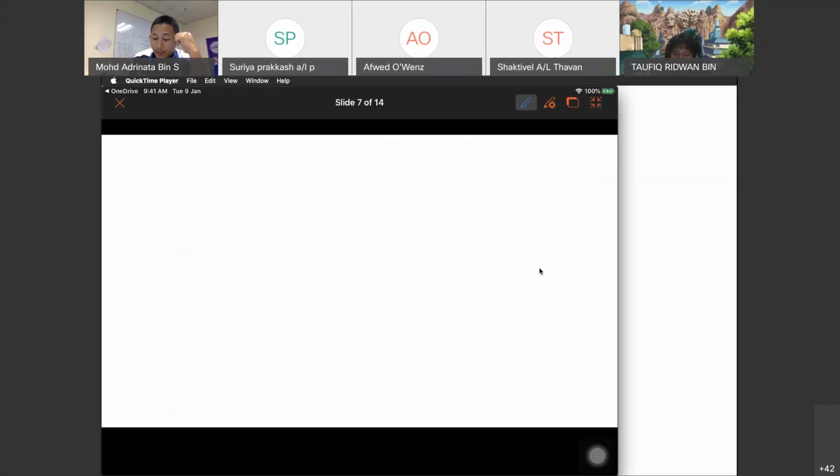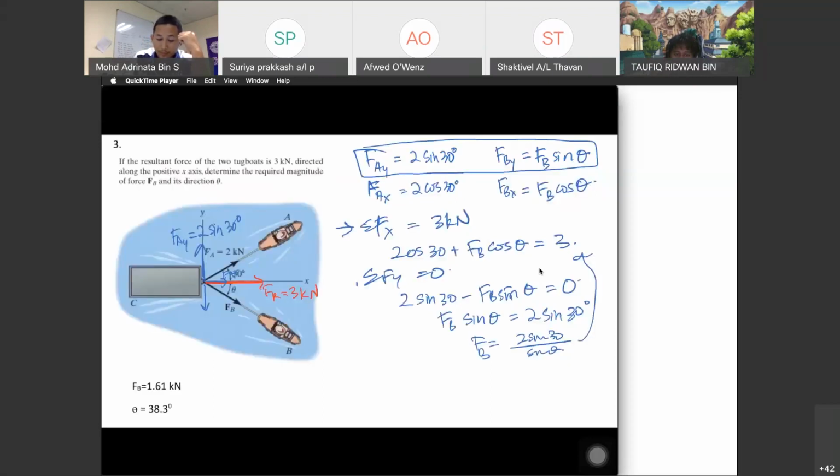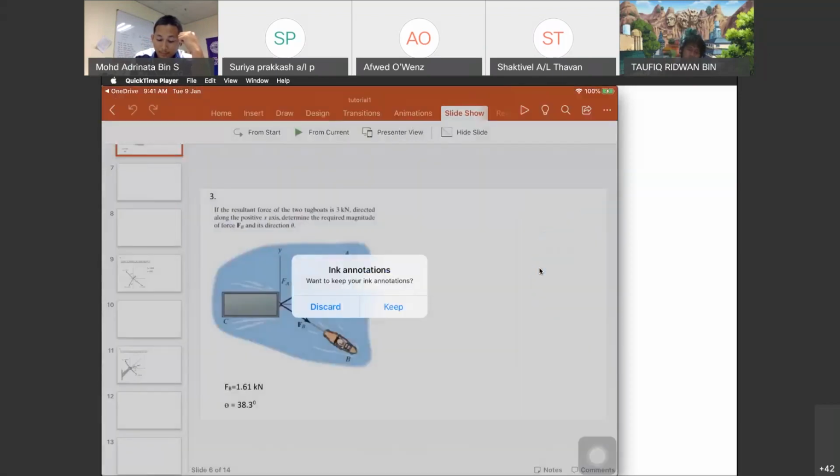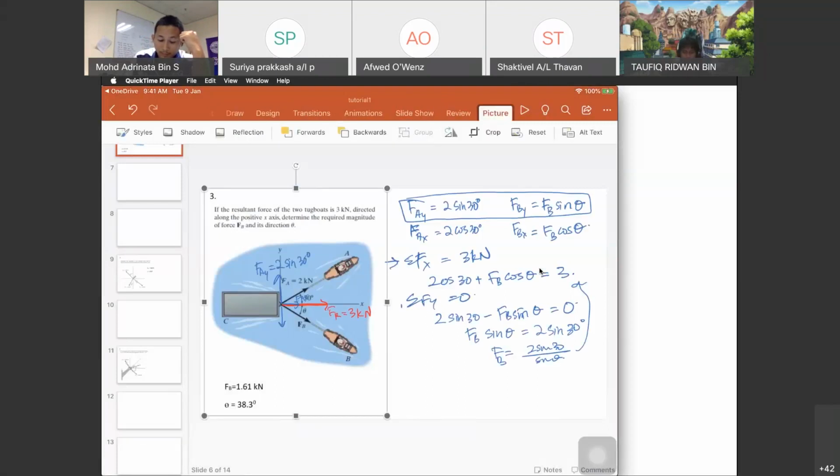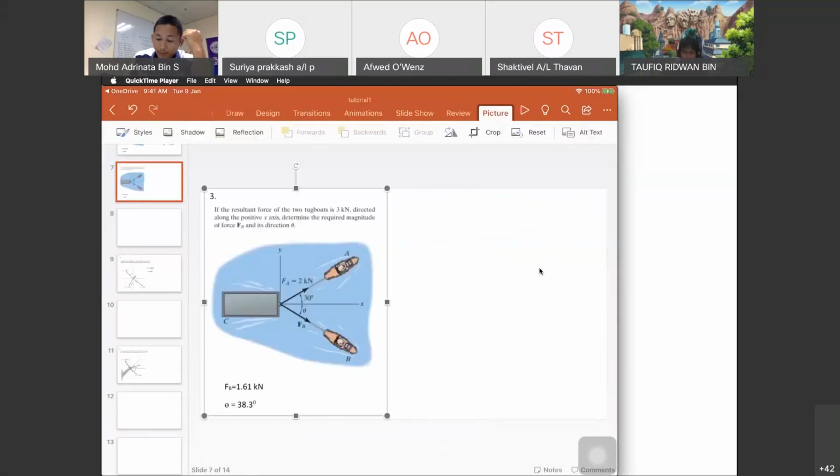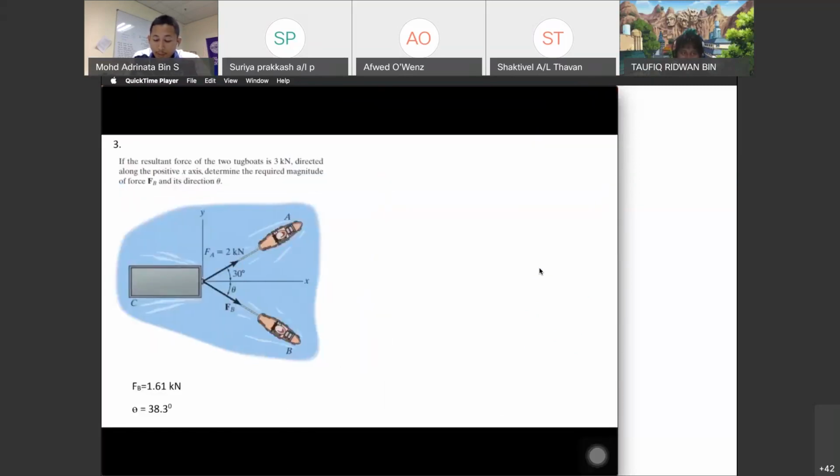Alternatively, we can build a triangle using the 2 kilonewton and the 3 kilonewton. So we have 2 kilonewton at 30 degrees, and then we have this one, our resultant force, which is 3 kilonewton, 0 degree.